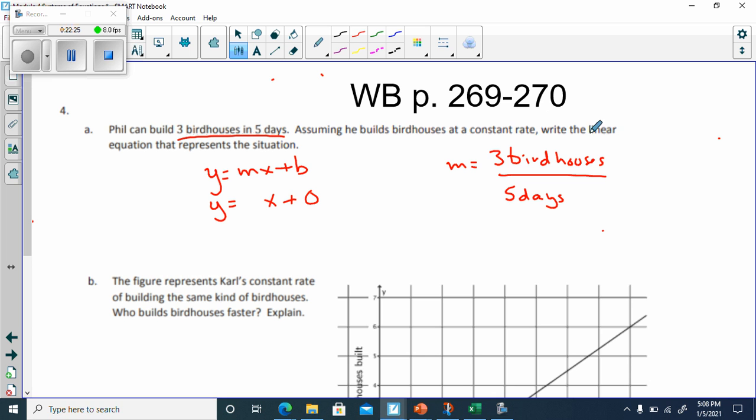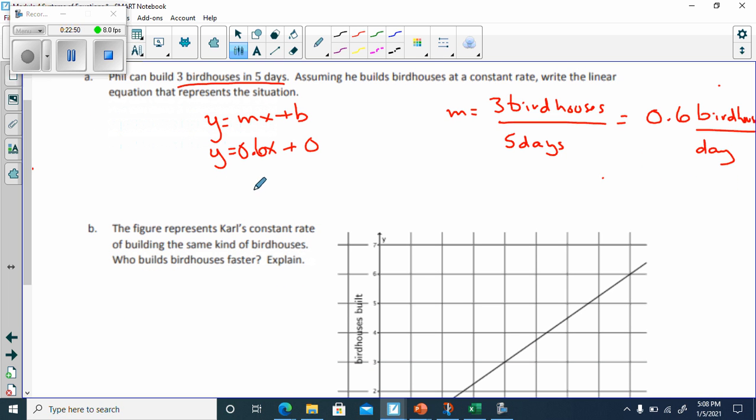So he is building 6/10 of a birdhouse each day, a little more than half a birdhouse each day. This goes into your equation, and you don't have to write the 0 in there. Y is equal to 6/10 times x. x would be the number of days, and the number of birdhouses is y.